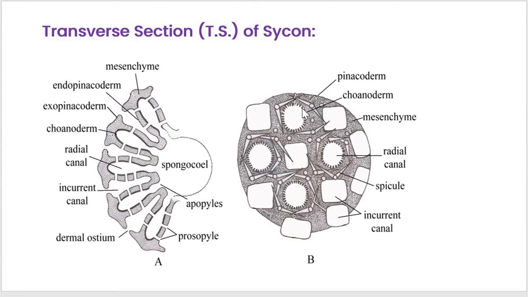These cells are arranged in the form of a loose layer above the mesenchyme. Each cell contains one or two contractile vacuoles, a reserve food material, a kinetosome, and a whip-like flagellum.